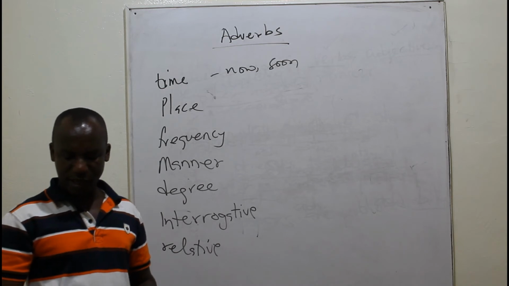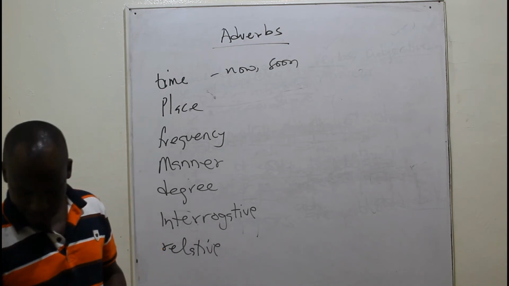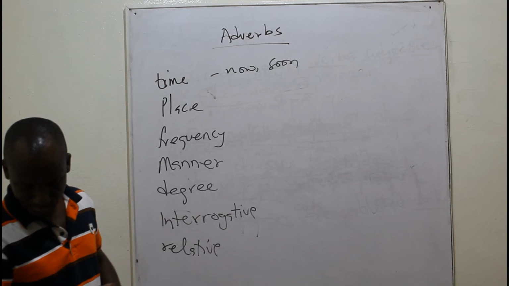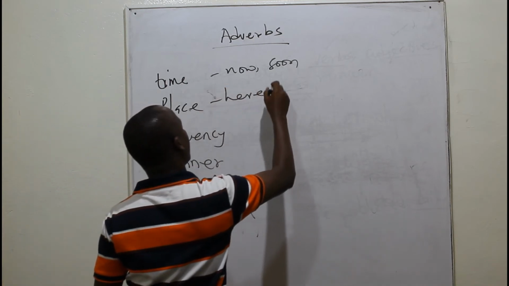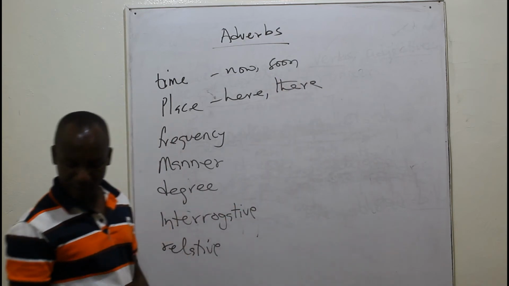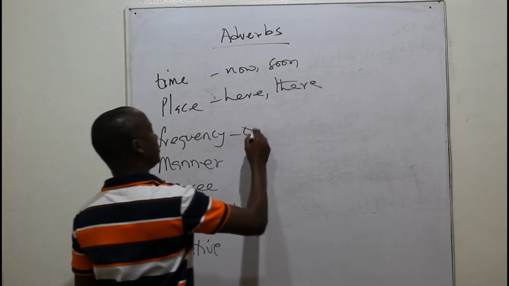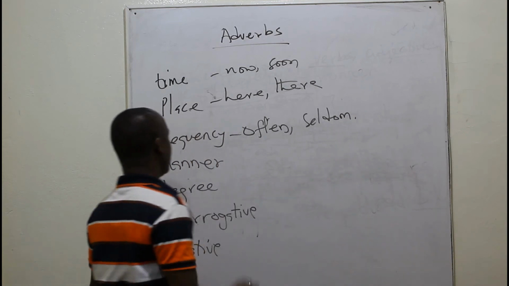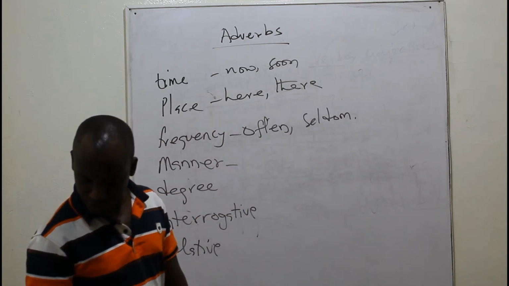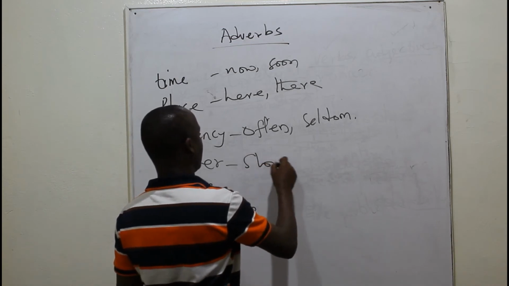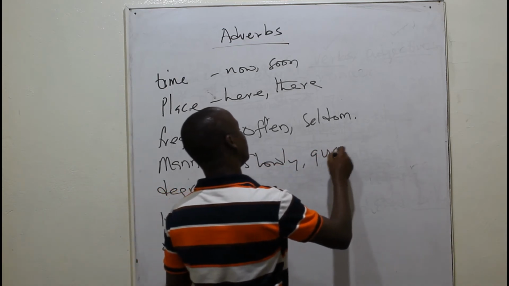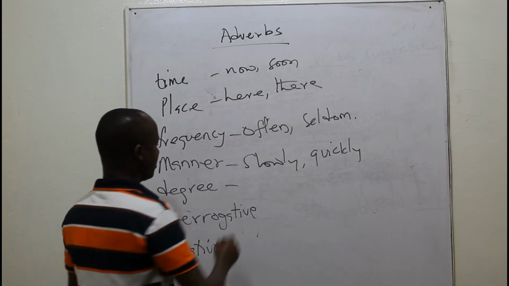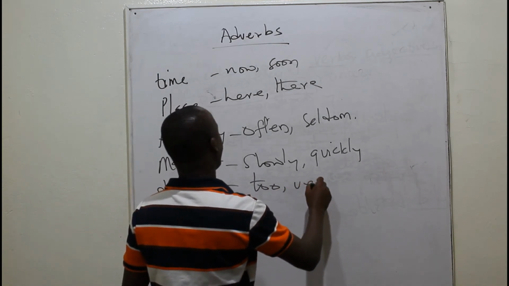Then place, we can use here, there, up, down, near, far, etc. Frequency, we can use often, seldom, etc. Then manner, we can use slowly, quickly, etc. Degree, we can use too, very, etc.